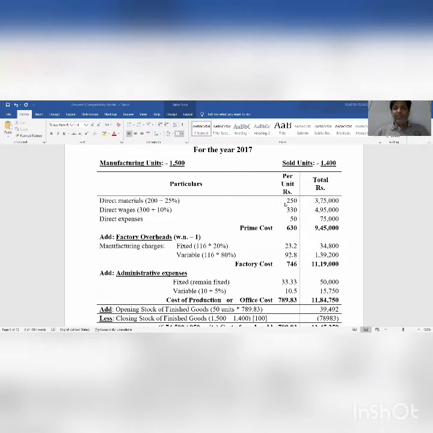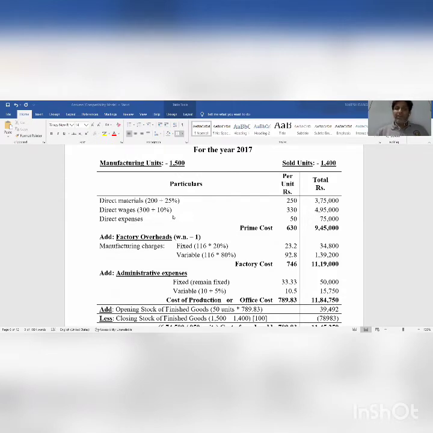Then multiply the per unit data by production units 1500. So total material expense is rupees 3,75,000. In the same way, direct wages: there is an estimated 10% increase in wages. In the previous year it was rupees 300 per unit.